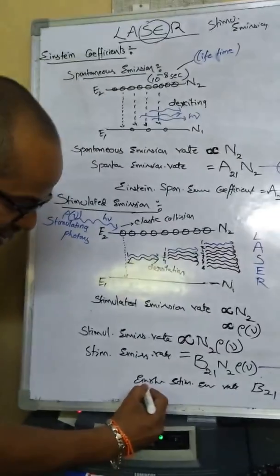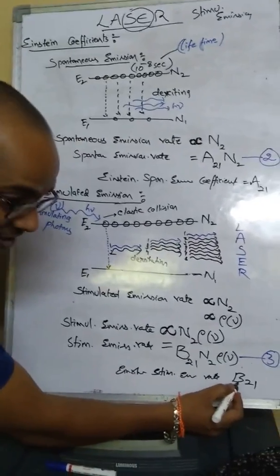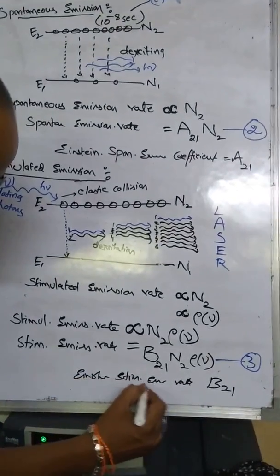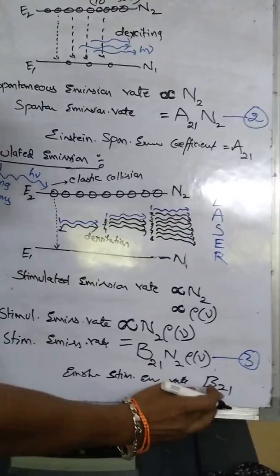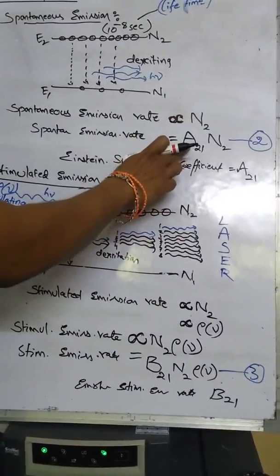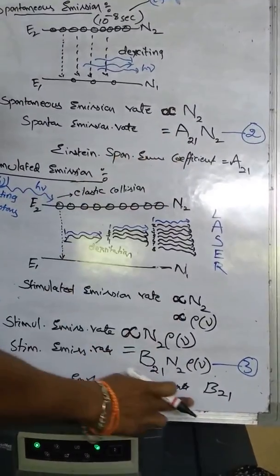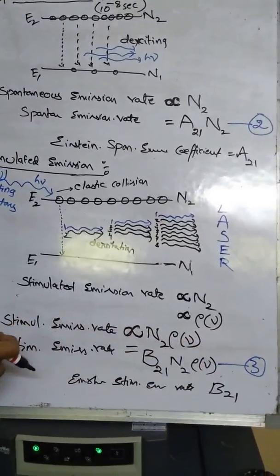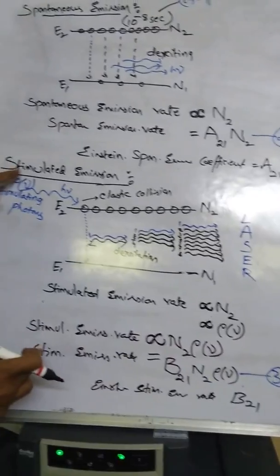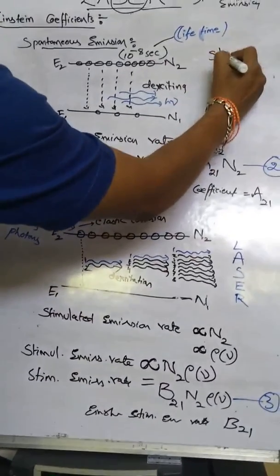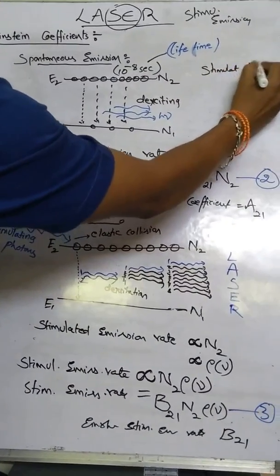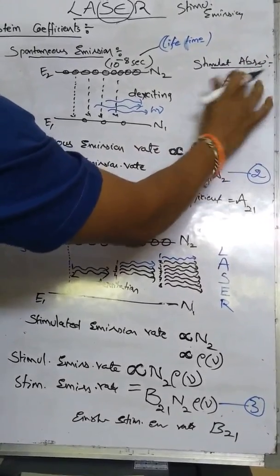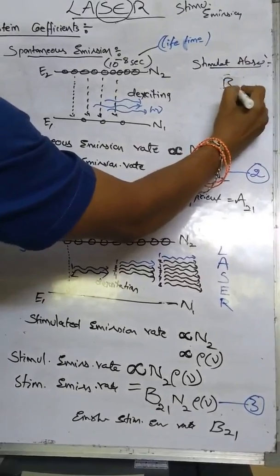So this is the stimulated emission rate, in continuity to the previous video. Einstein's stimulated emission rate, that is B21. Sometimes I'm using the letter A and sometimes the letter B. If you review my previous video, for stimulated absorption I used B12.